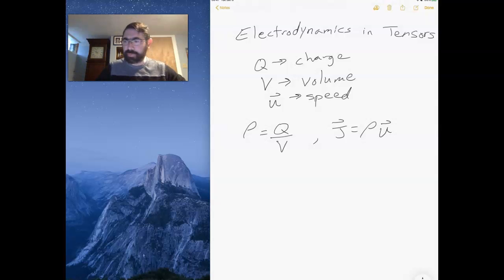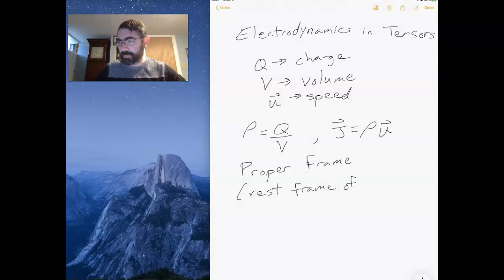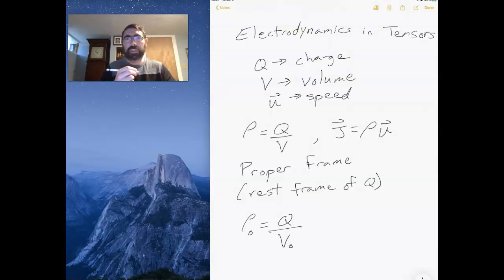Now, in the proper frame, so basically the rest frame of the charge, I'm going to write this as rho 0, which is Q over V0.